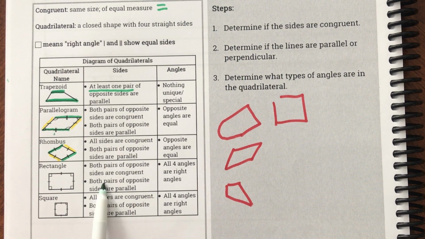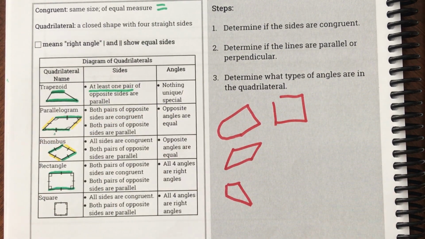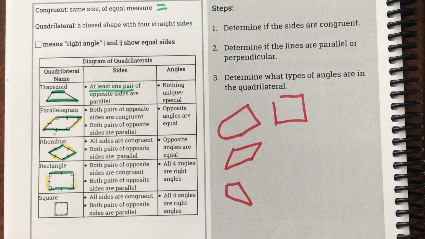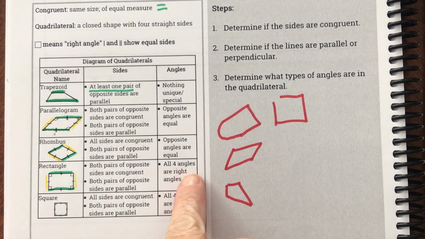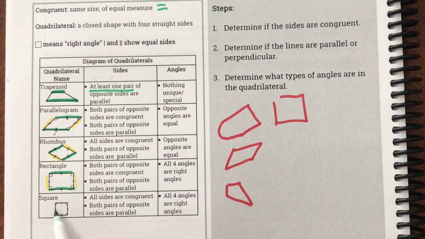It also says both pairs of opposite sides are parallel. So this side is parallel to this side, and this side is parallel to that side. And then it says all 4 angles are right. Okay, and our square says all sides are congruent. So that's why they all have those 4 little dashes.